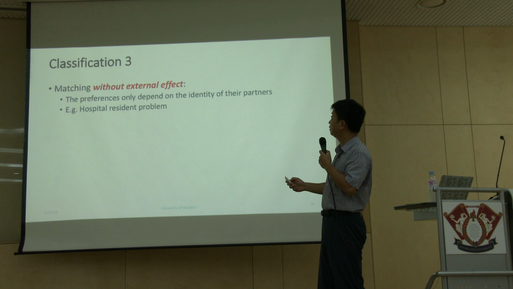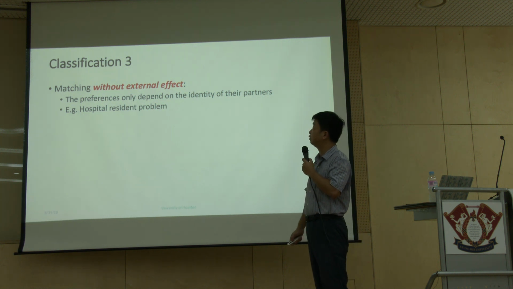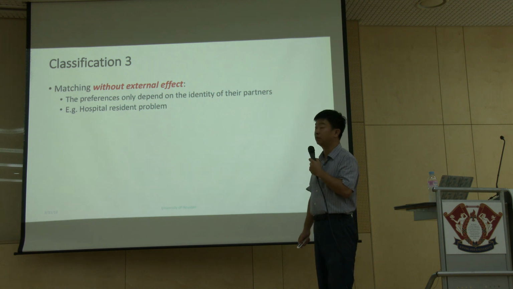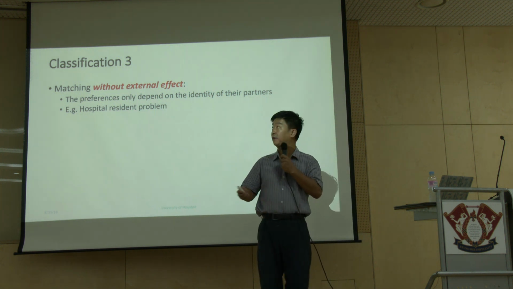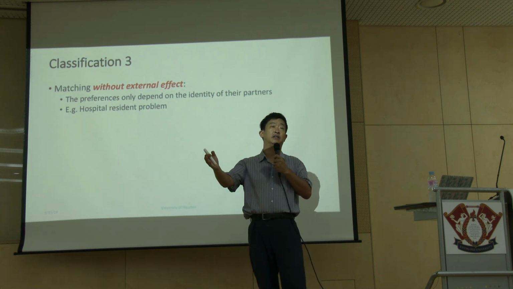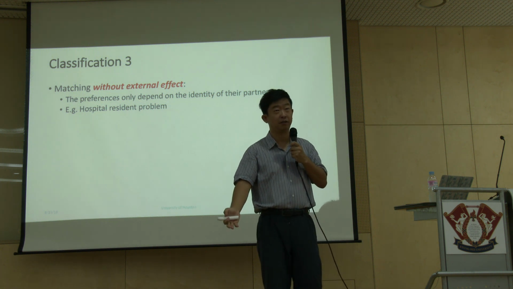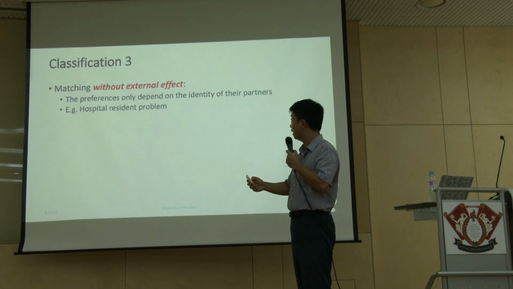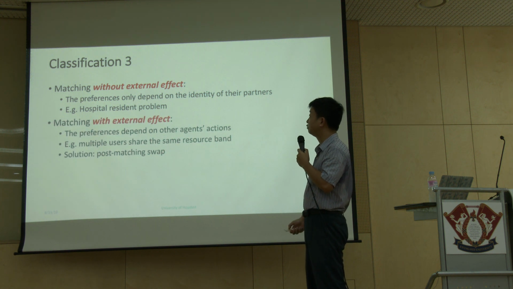So there's another classification. Classification 3 is matching without external effect. This one means the other matching results will not affect your preference list. On the other hand, there's matching with external effect.